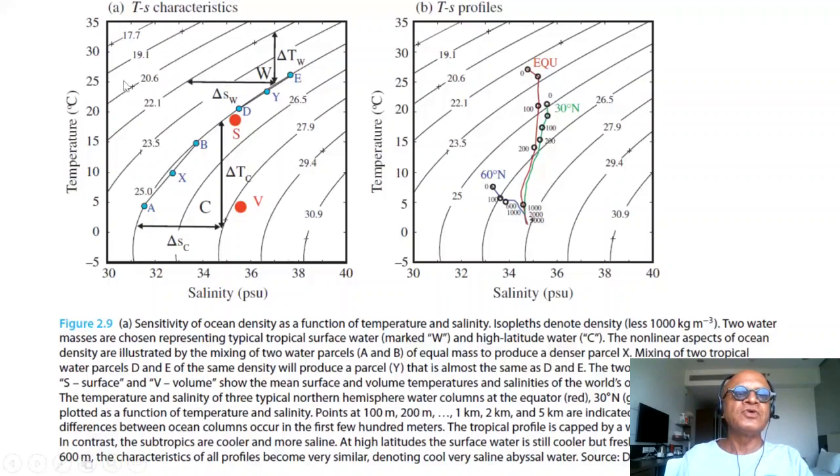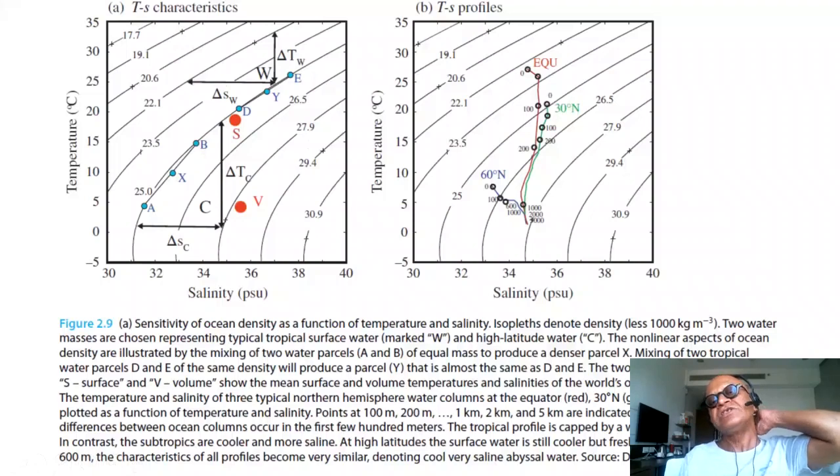And you can see that the density lines, constant density lines, are not linear functions of T and S, and of course as temperature increases at constant salinity, density decreases, and if you take a constant temperature and increase salinity, then density increases. So why are these numbers given as 30.9 and 27.9 and so on?